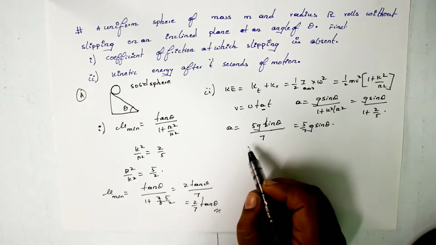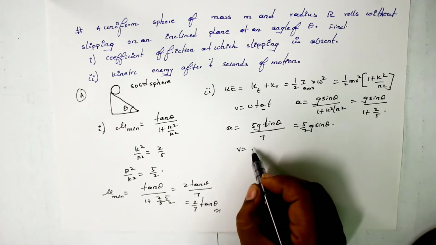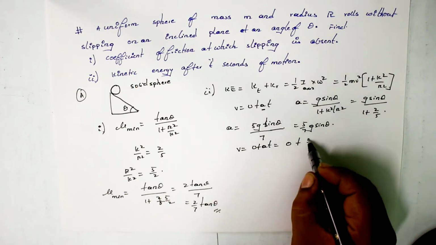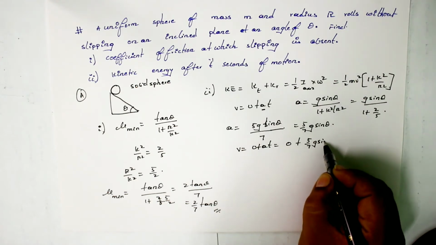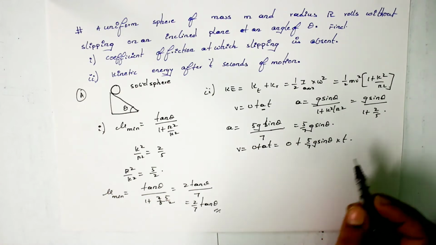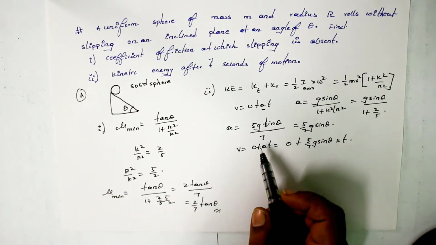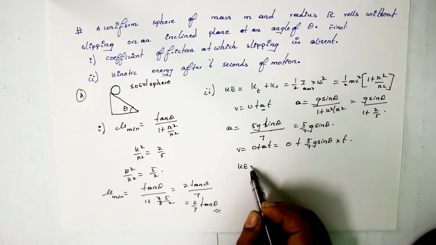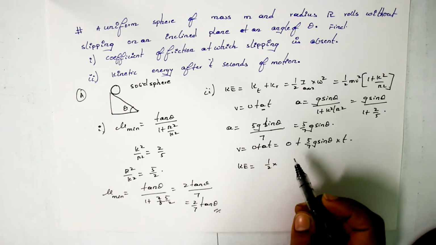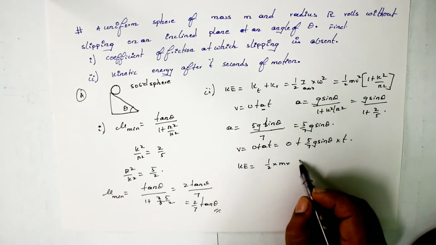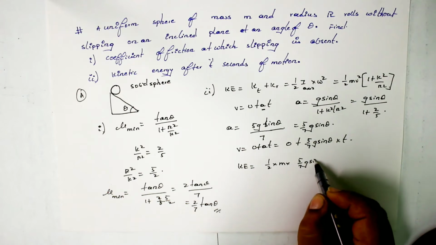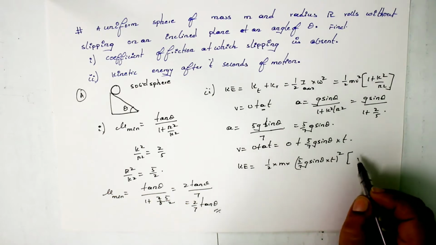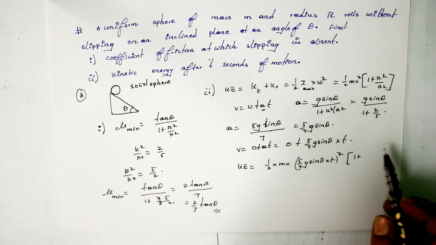By using the acceleration equation, I can calculate the final velocity, v is equal to u plus at. The initial velocity at rolling is 0, the acceleration is 5 by 7 g sin theta, and the time taken is t. Now that I know the final velocity, I can substitute in this relation. The total kinetic energy after a time of t is equal to half into m into, instead of v square, I can write 5 by 7 g sin theta into t whole square, into 1 plus k square divided by r square.